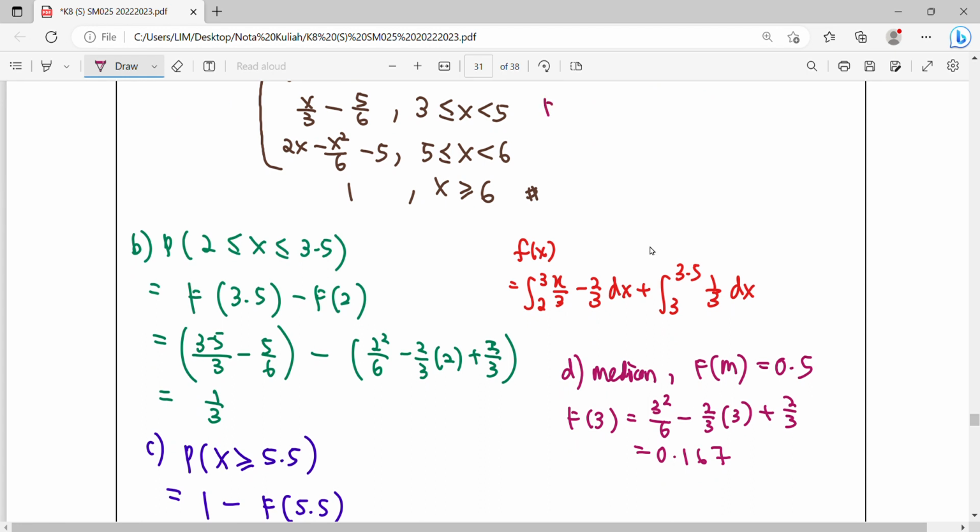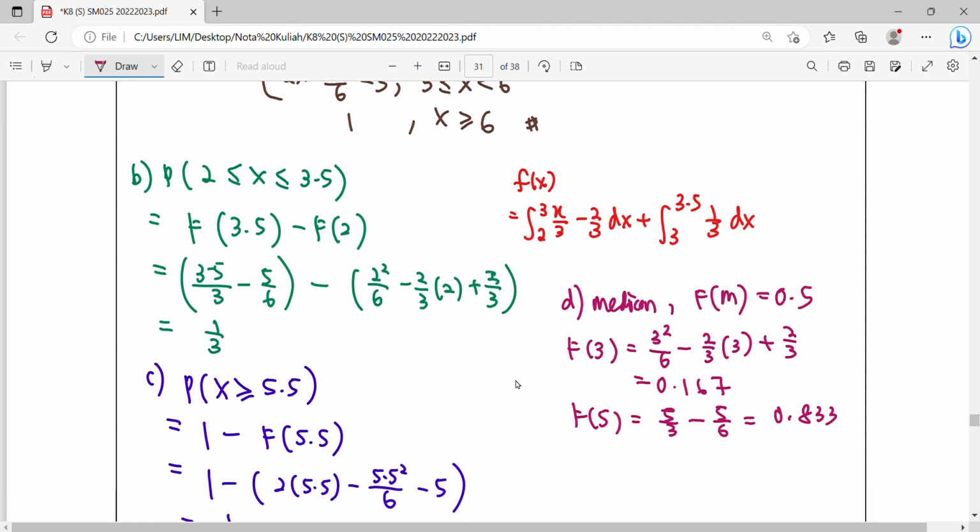If F5 here maximum, is it median fall on that? 5/3 minus 5/6. 0.833, already more than 0.5, right? So our median will fall on this interval because we accumulate up to 5 already, already over 0.5 already.